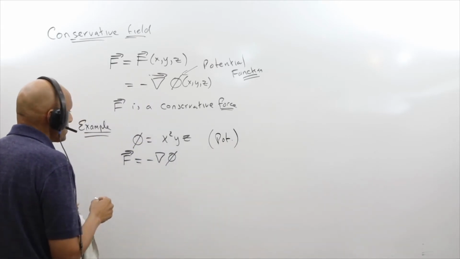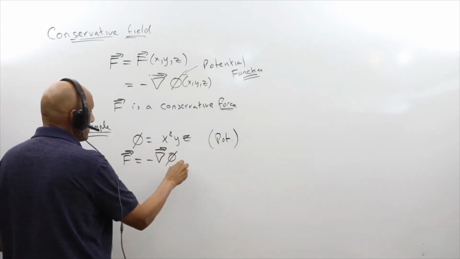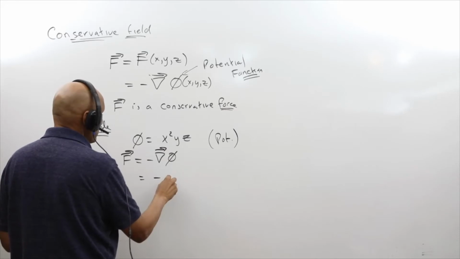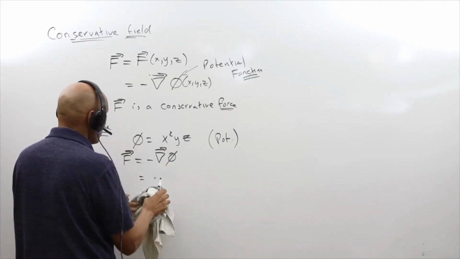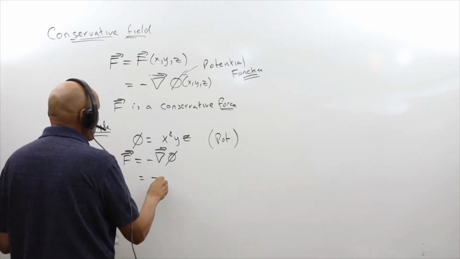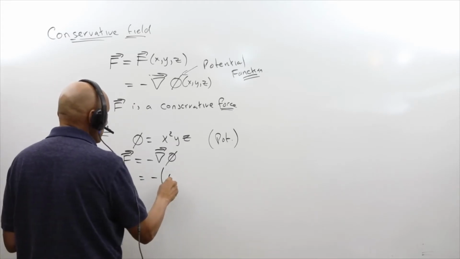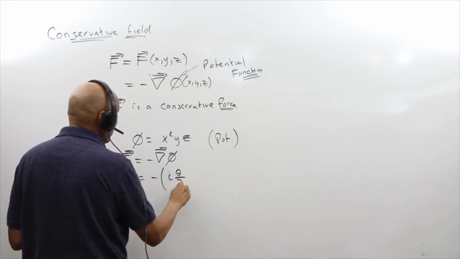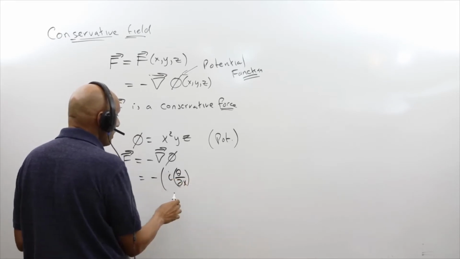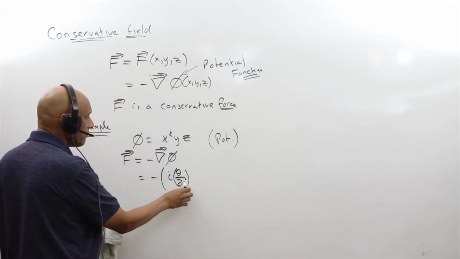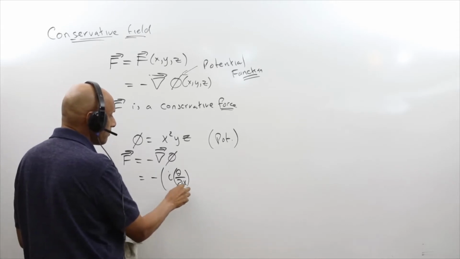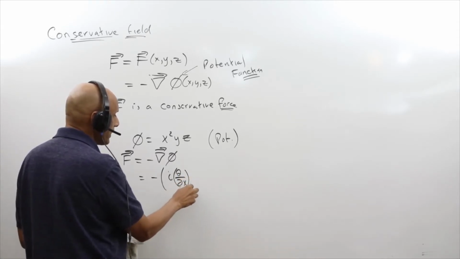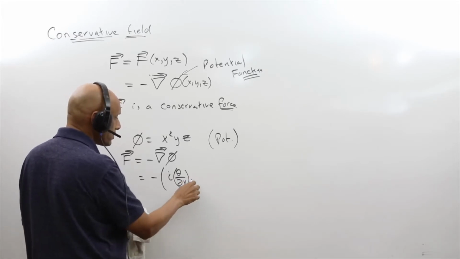So the force is given by the gradient, so I can write this as minus the partial of, let's do this. Remember, this is the gradient operator, which is i partial of x. I'm assuming x, y, and z are independent of each other, so I'm not explicitly writing partial of x, y, z, which is a better notation, but it's a lot of writing.